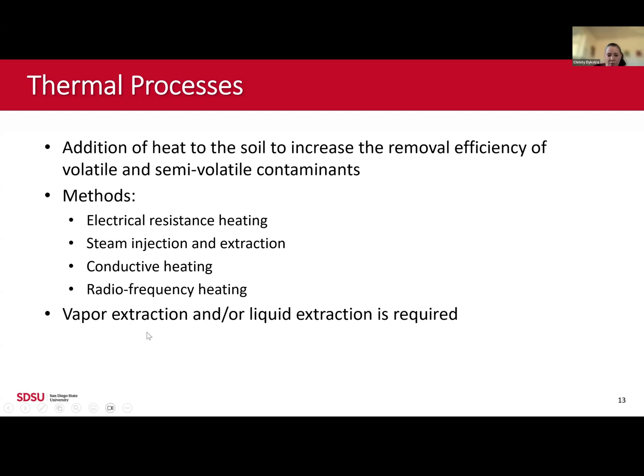This allows for better extraction through vapor extraction and or liquid extraction in some cases. The idea is to just heat it up so that we can increase the volatility of the contaminants, meaning that we're driving them into gas or vapor phase, and then we're able to collect it a little bit better.